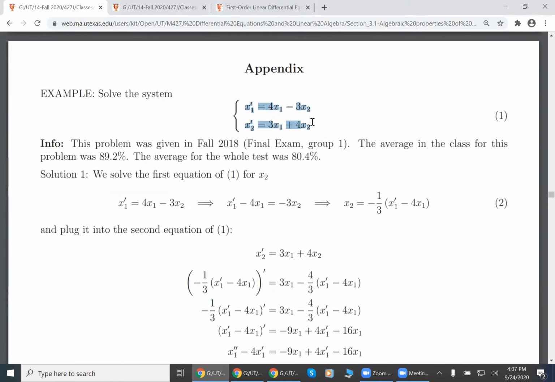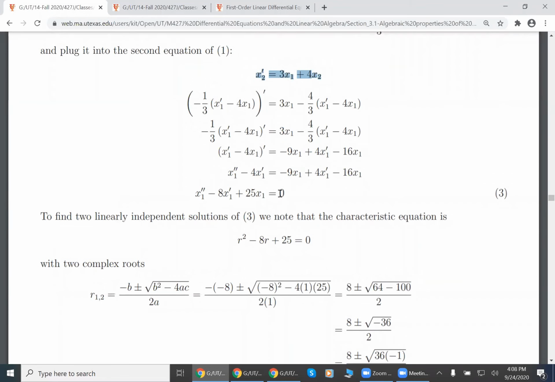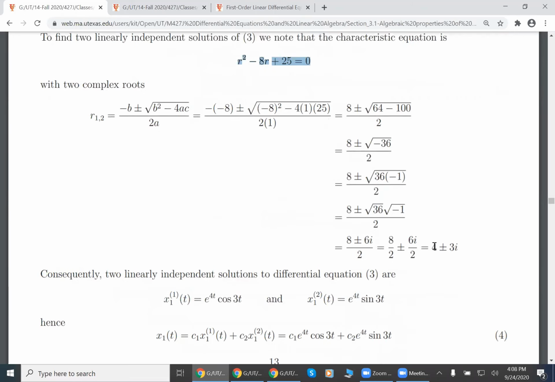This problem was given on the final exam in fall 2018. The average was pretty good. Let us go over it. Method number 1, we solve this for x2, we plug it into the second equation, we simplify, we get a homogeneous equation. In order to solve it, we write down the corresponding characteristic equation. We find both roots.